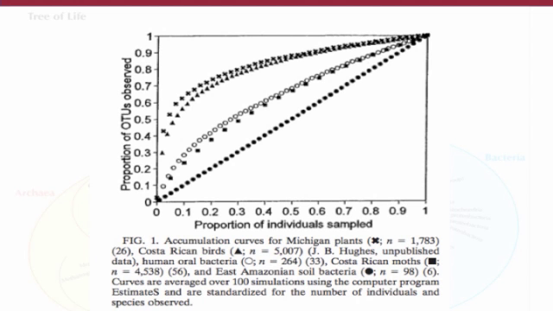So if you sample 10% of the community, what proportion of the total OTUs do you observe?